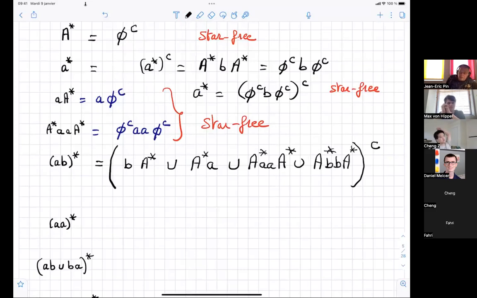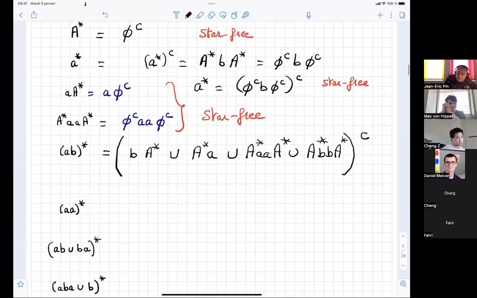Okay, so what does this mean? What does this represent? Look at a word in this complement. So this is a word which is not in this language.